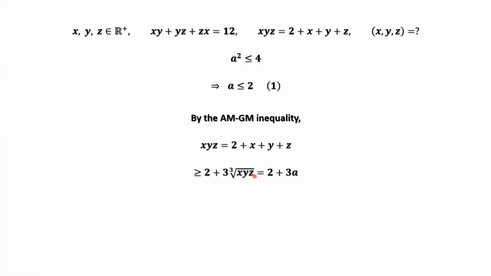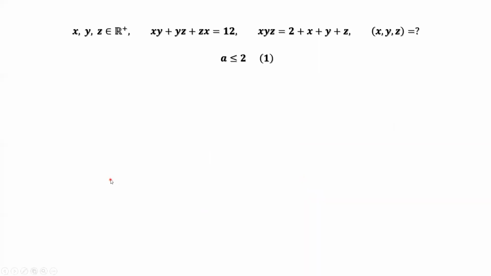By definition, we can replace the third root of xyz by a. Then we have a to the power of 3 equals the third root of xyz to the power of 3 equals xyz, which is bigger than or equal to 2 plus 3a. This is our second result.